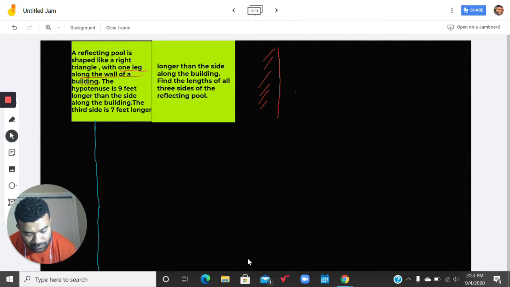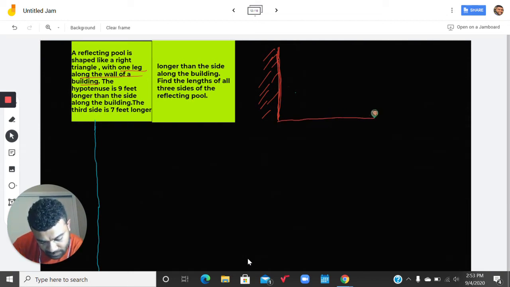That's going to be one side of the right angle triangle. Then we'll assume another one is going to go that way, and then the hypotenuse is going to go that way.